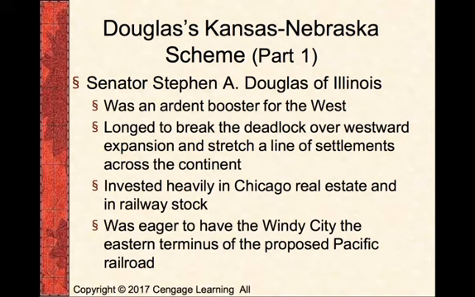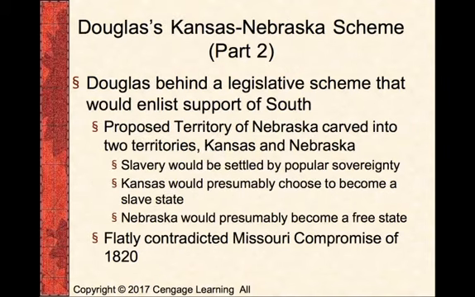be the eastern terminus where the proposed Pacific Railroad would begin. For that to happen, something has to be done with Nebraska. So the proposed territory of Nebraska was carved into two territories, Kansas and Nebraska, and he needed to have Southerners be supportive of this, otherwise it wouldn't pass through Congress. So slavery, he proposes, would be settled by popular sovereignty.